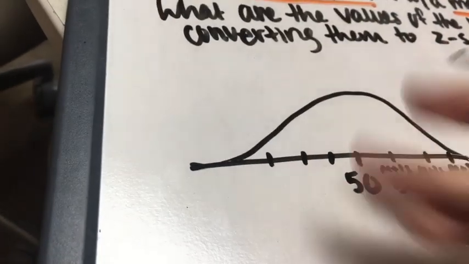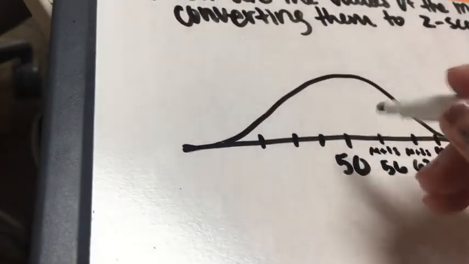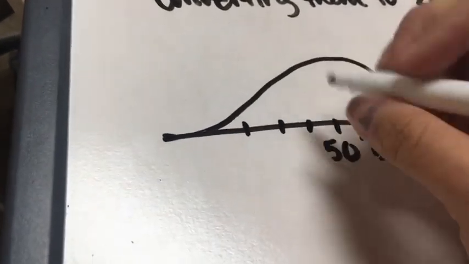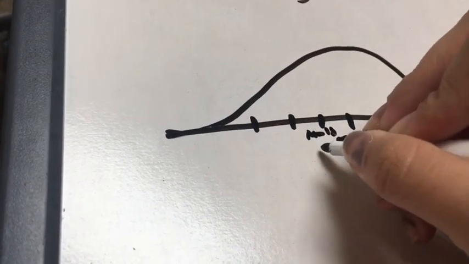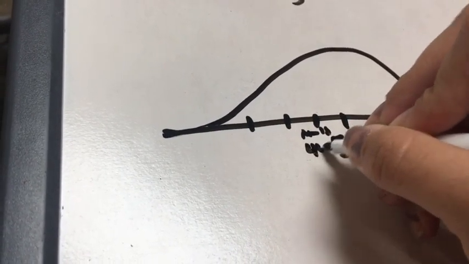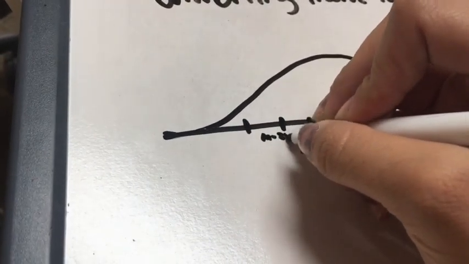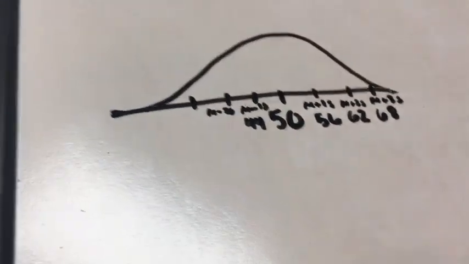So this is for what's right of the mean, but for what's left, now you're going to be subtracting your standard deviations. So 50 minus 6 is 44. And then now you're going to be doing your mean minus 2 standard deviations.